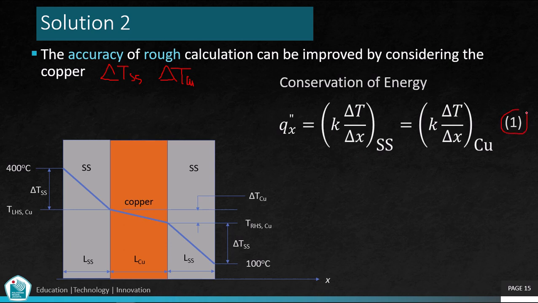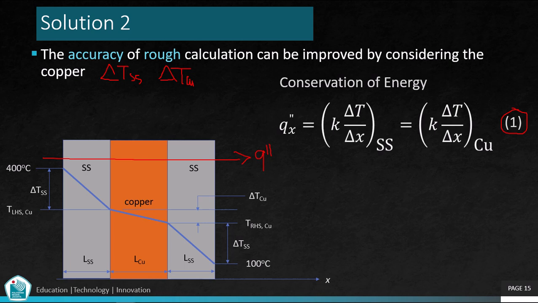This comes from k delta T over delta X for the stainless steel and k delta T over delta X for copper. Even from the first stainless steel to the copper and the second stainless steel, the heat flux should be the same value.